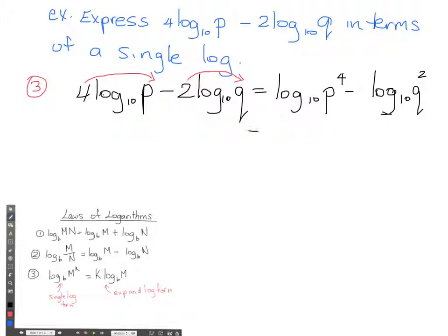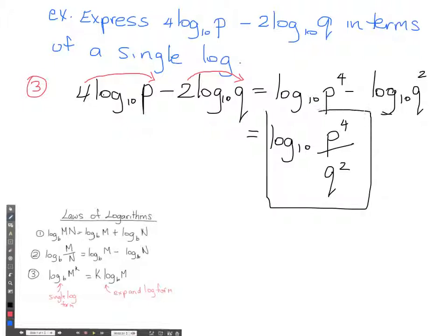So this becomes log to the base 10 of p to the 4th over q squared. And that's how you change back to a single log.